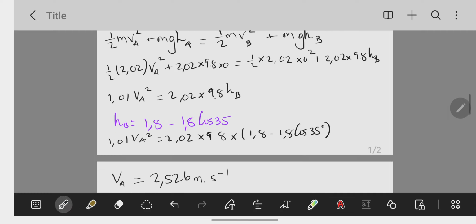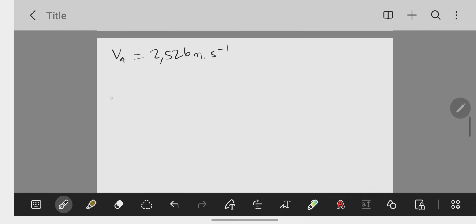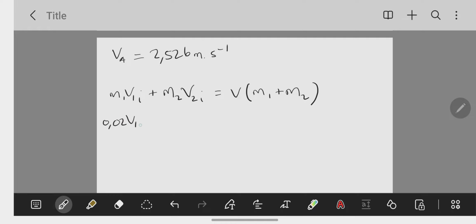So therefore, let me just rewrite my equation. M1 V1 initial plus M2 V2 initial is equals to V times M1 plus M2. So now I can substitute everything. So this is for the bullet, and I'm looking for V1 initial. So that's the block. Now, initially the block is stationary, and then that's the velocity that I just calculated.